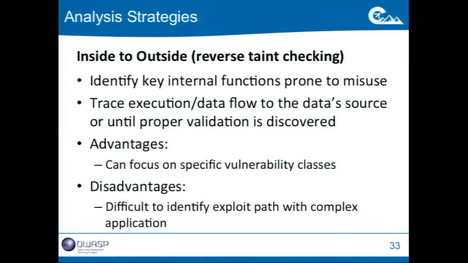Another strategy is inside to outside, which I would kind of describe as reverse taint checking, where with taint checking, you're tracking input as it comes in and seeing if it's ever properly validated. With reverse taint checking, that's not a real term, but you're looking for key functions.